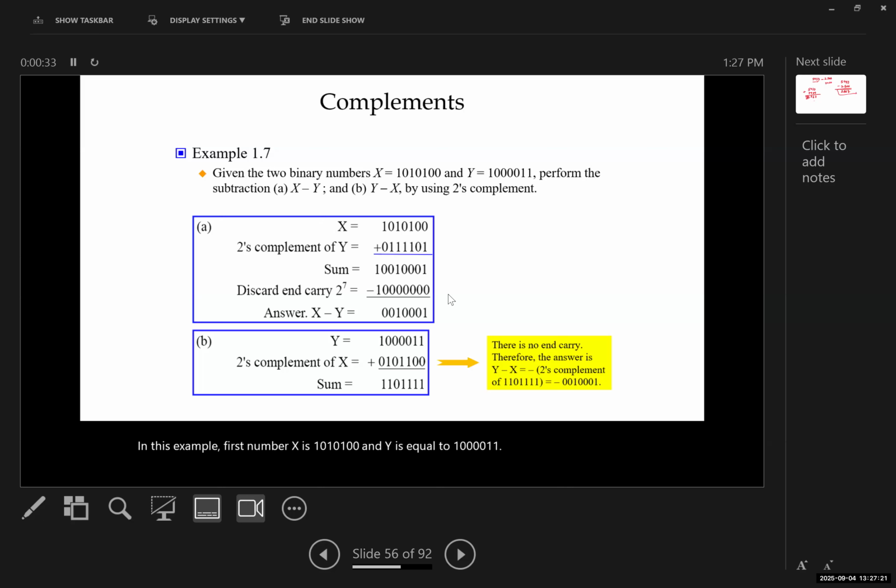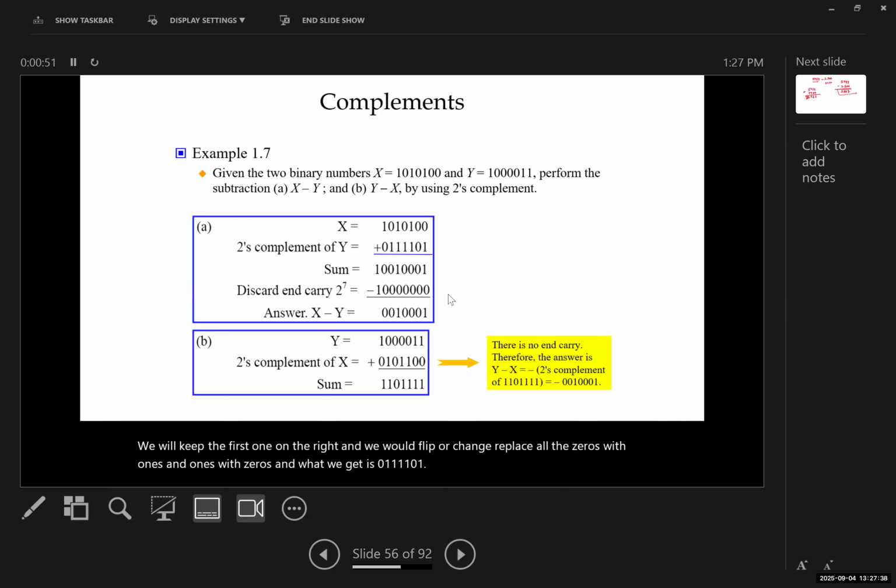So the 2's complement for y, we would keep the first one on the right, and we would flip or change, replace all the zeros with ones and ones with zeros. And what we get is 0 1 1 1 1 0 1.